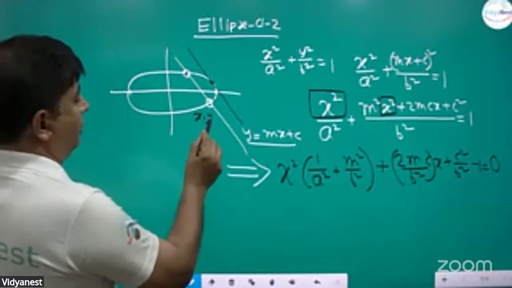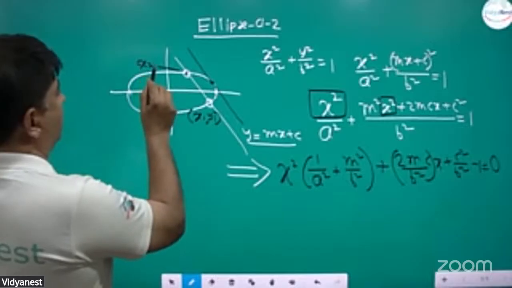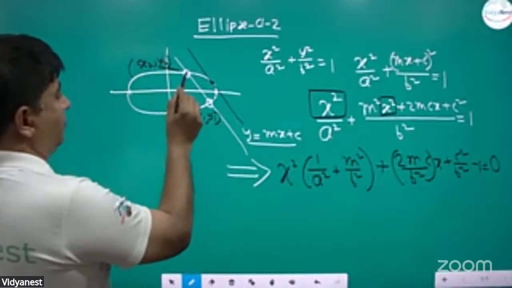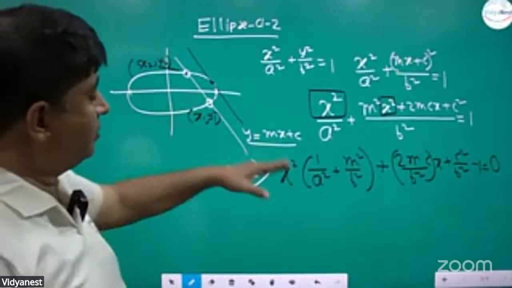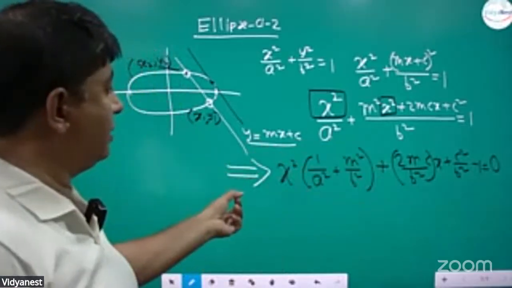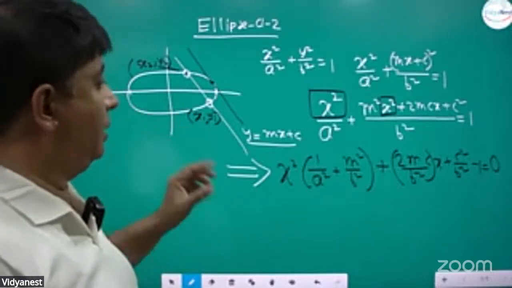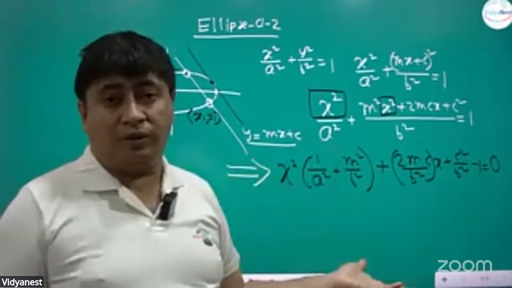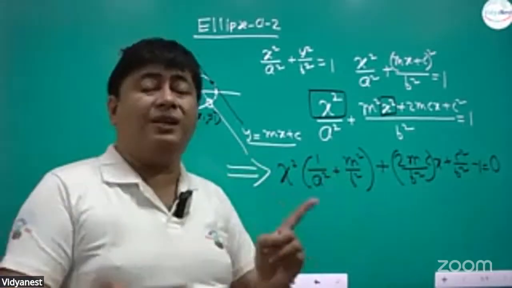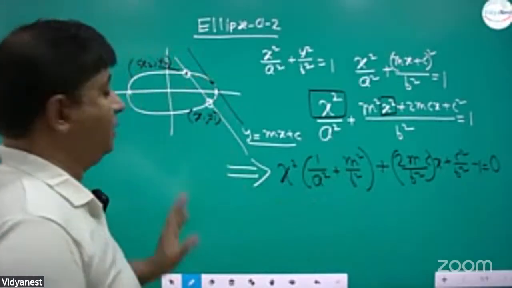Means here we got two values of x and two values of y. That means that equation has two roots. Now, once the quadratic gets a single root, means if two roots coincide with each other, then the chord will become tangent. Yes or no?